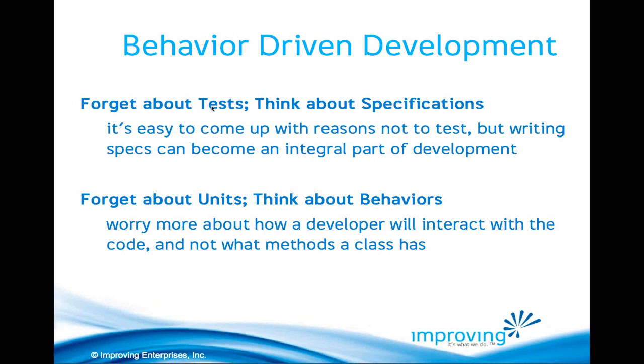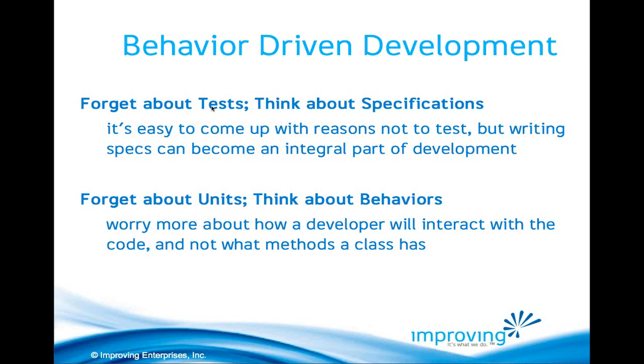It's too easy to come up with reasons not to test. I mentioned that earlier, where when I'm under the gun, writing a test on something I'm pretty sure already works feels very redundant, and it's the type of thing I might drop out if I don't have time. But specs become an integral part of development. If I start speccing out what I'm about to build, it's no longer about a test at that point.